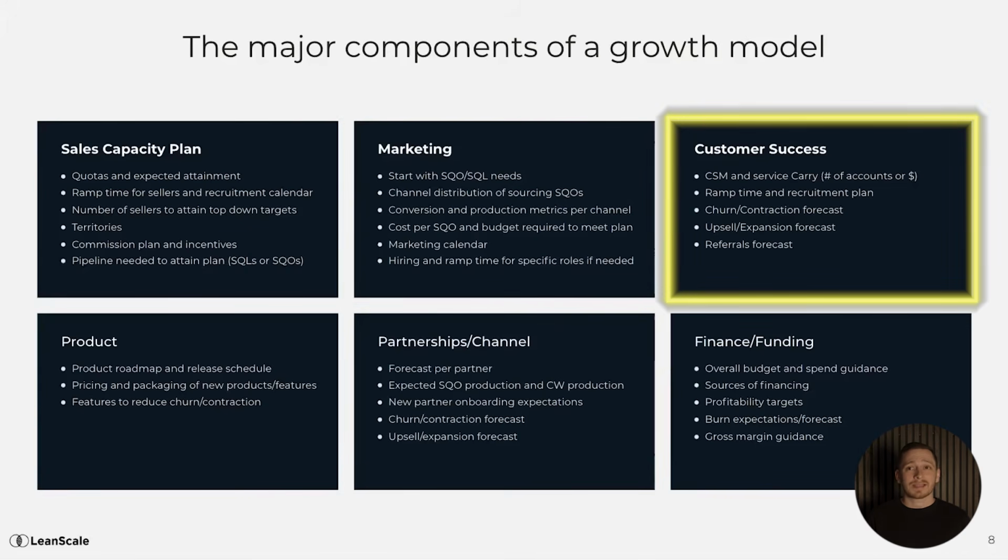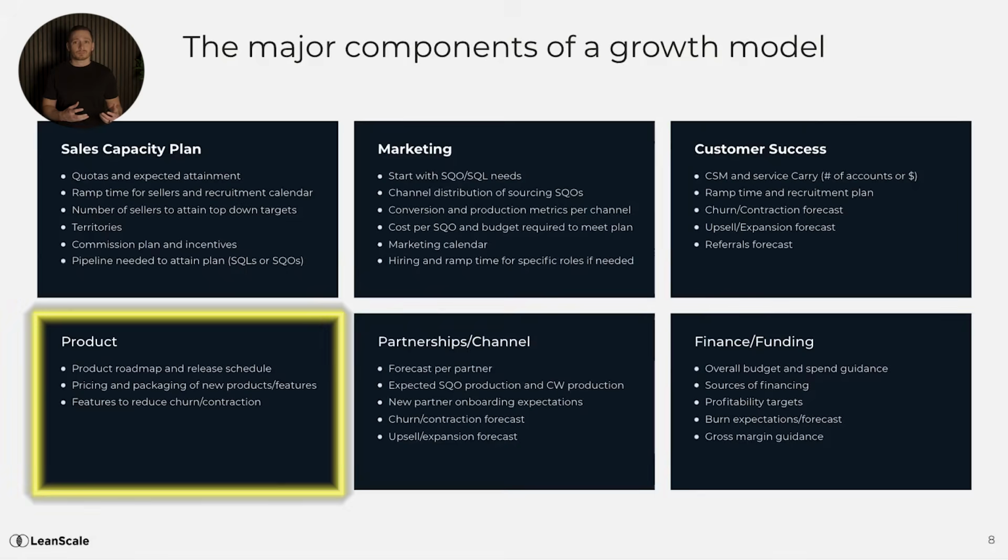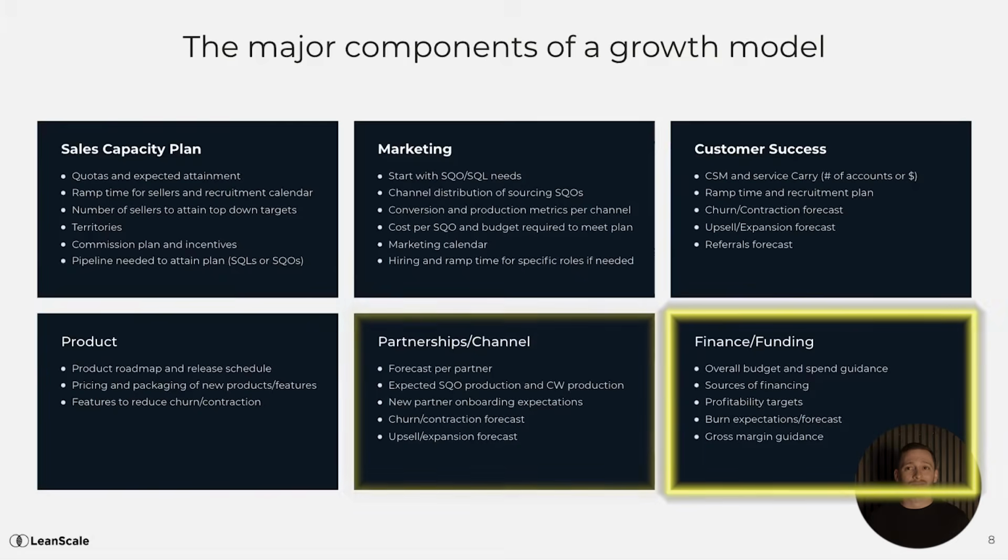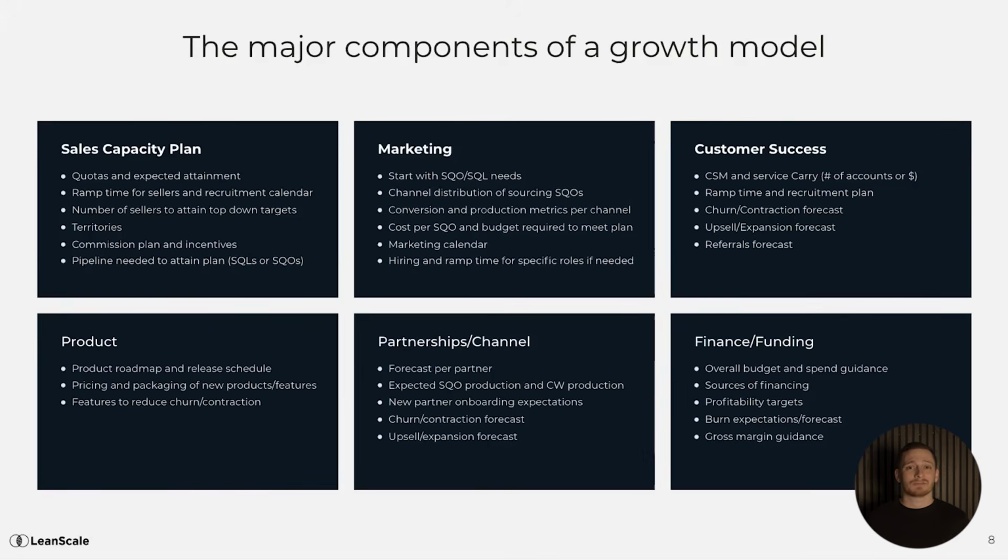How many accounts can your CSMs carry? What are those ratios? Your ramp time to get CSMs ready to be able to take on new accounts. Your product roadmap, your partnership channels, and then your finance and funding strategy. If you need a quick reference for the components that go in and the details that are associated with each component, this is a good one to screenshot.